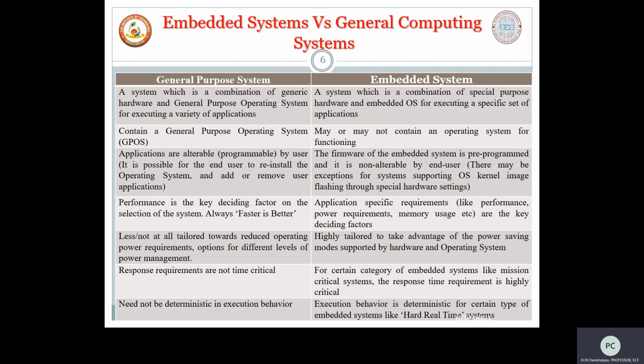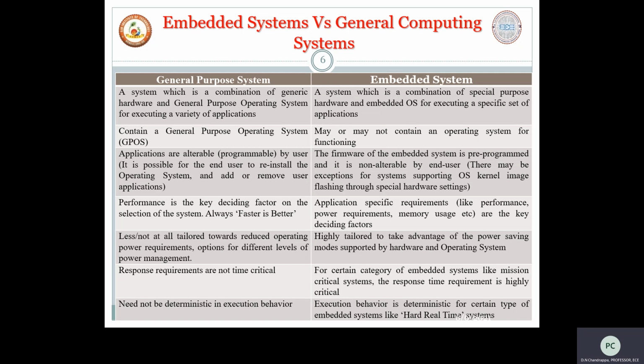In a general purpose system, the end user can alter the system based on their requirements. But in embedded, it is specific.